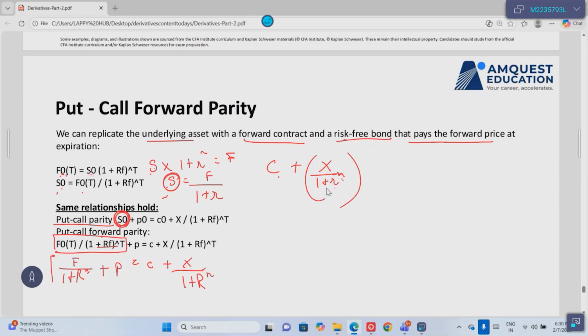Clear? So this is the put call parity for forward, and that earlier slide is the put call parity for options. This one is the put call parity for options.